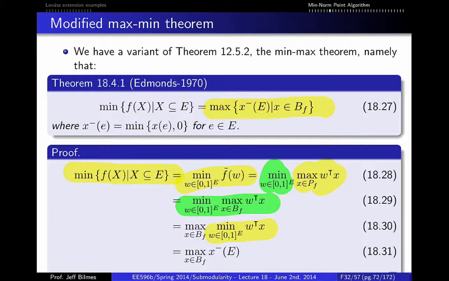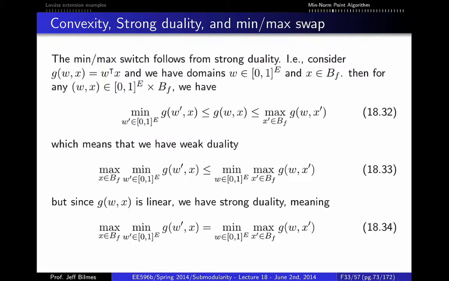So if any of the elements of x are negative, we're going to set the corresponding W to be 1. And if any of the elements of x are positive, we're going to set the corresponding elements of W to be 0. So basically what we're doing is we're just summing up the negative elements of x. And that's going to be the min for any x in the base. And so we get this. That's the result.